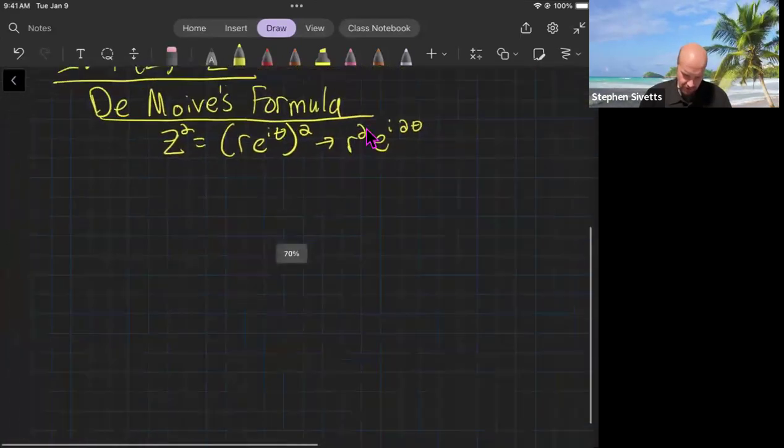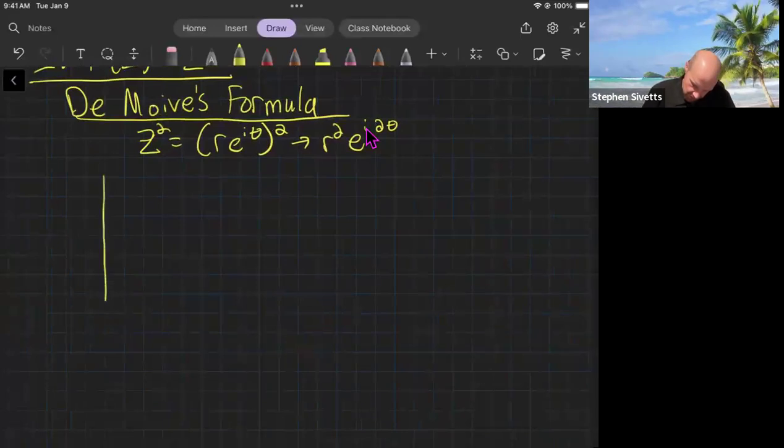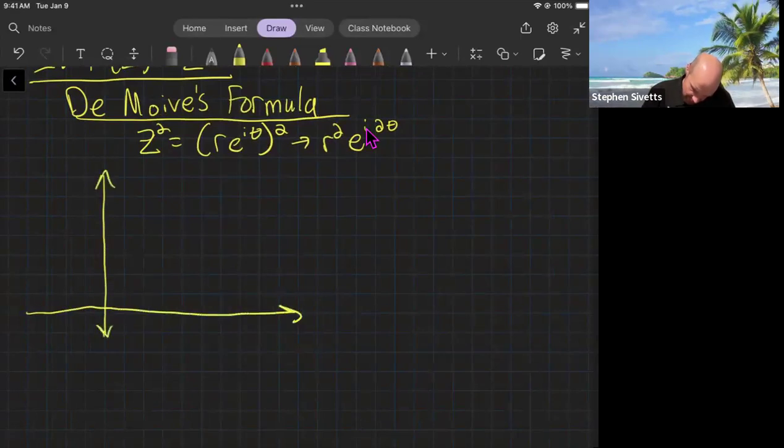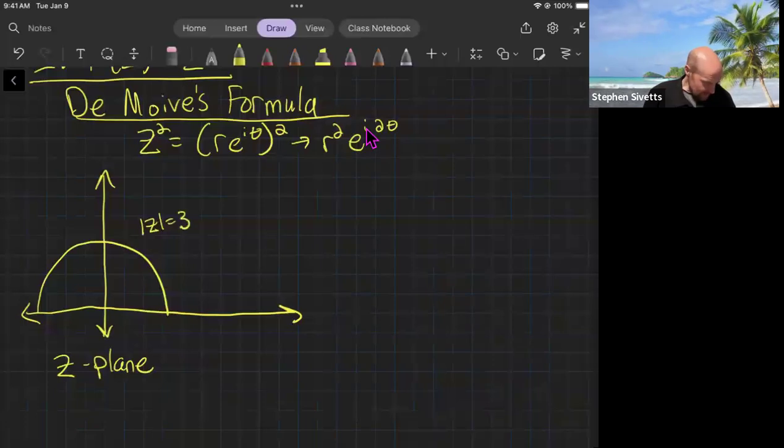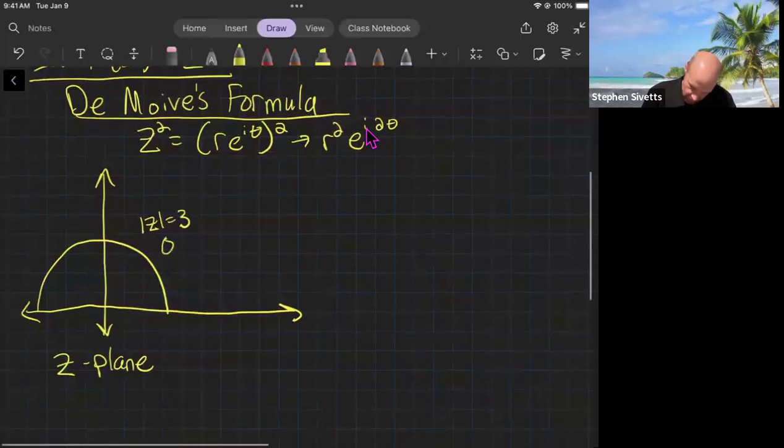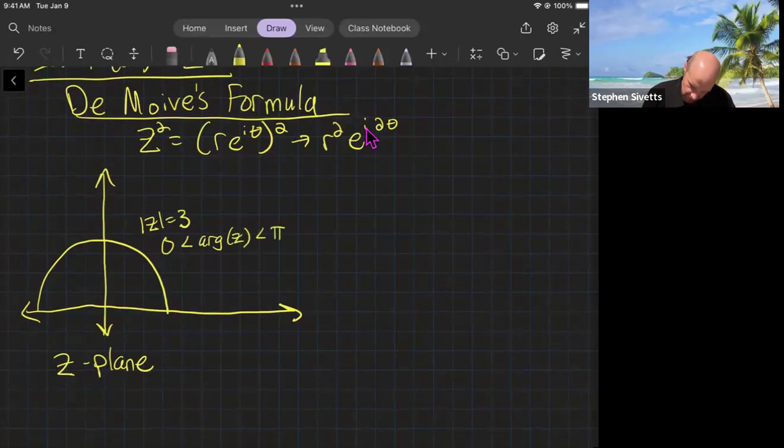So let's see what this function looks like if we're given a particular set in the complex plane. So in my z plane, what if I have the upper half circle whose radius is 3, and the argument of z is between 0 and pi? Actually, let me make it a quarter circle.